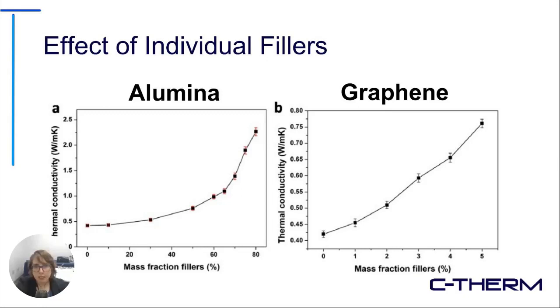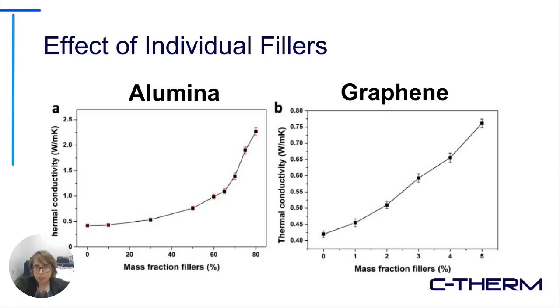This slide shows the results for each of the component parts, looking at the performance of the filler materials separately. The thermal conductivity enhancement for alumina has a bit of a non-linear behavior, largely because the alumina has much higher thermal conductivity than the bulk polymer.